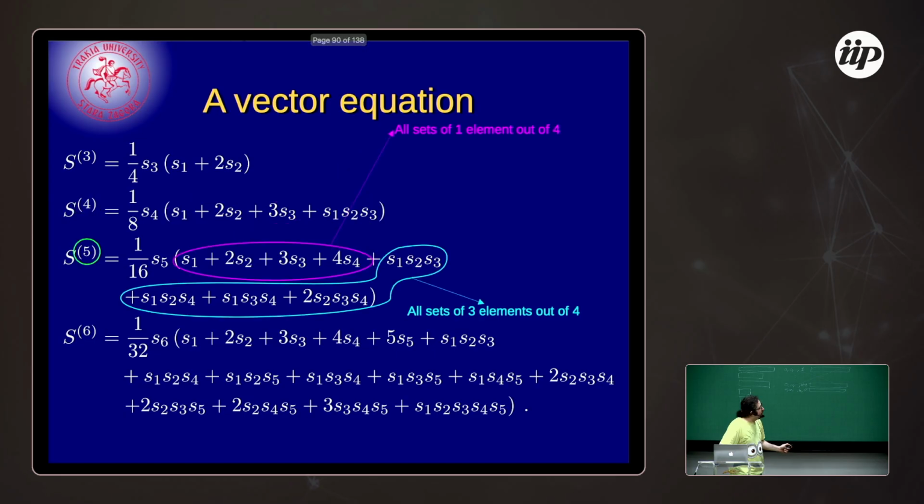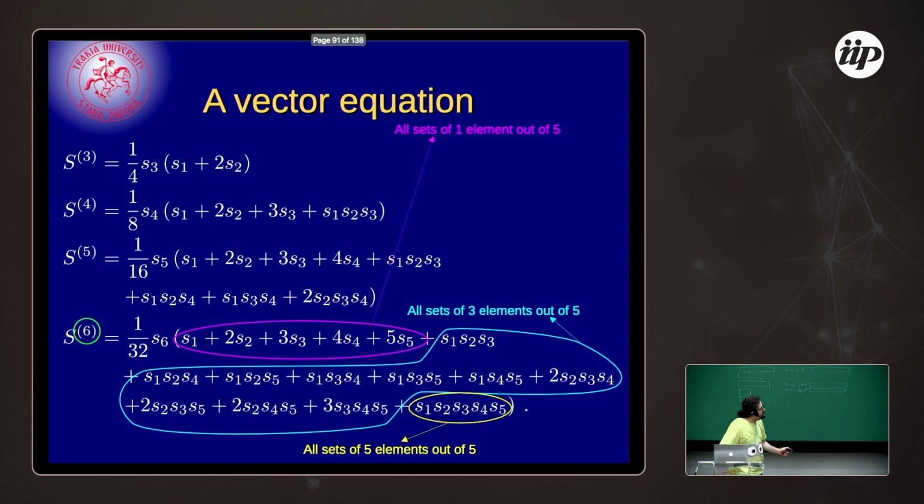The next one is still 1 element out of 5 minus 1, 3 elements out of 5 minus 1, which is 4. And now we go to another one, which is even, and we have again 1 element out of 6 minus 1, 3 elements out of 6 minus 1, and we have 5 elements out of 6 minus 1.